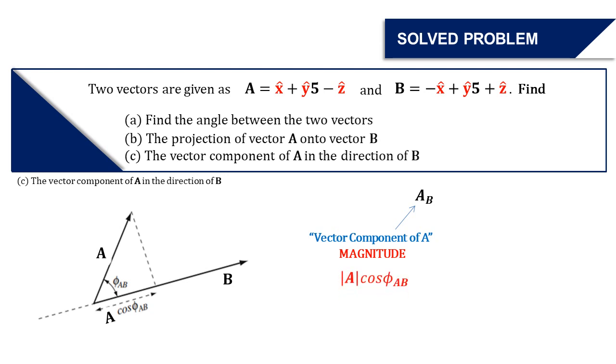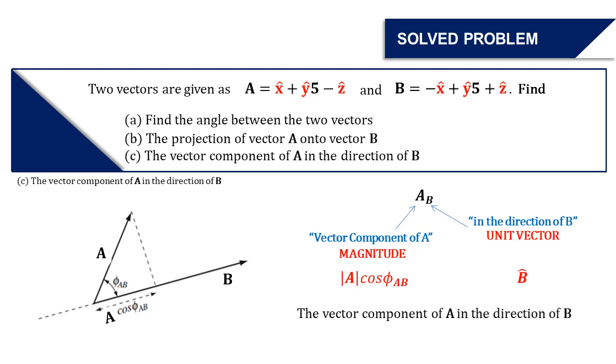So in this case, it is A cosine of the angle between these two vectors. And then yung B, nasa subscript, it indicates na in the direction of B. Okay? Now, when we say in the direction of B, we are going to use the unit vector ng B na yon. Okay? And simply, it will be the B hat na gagamitin natin. Okay?